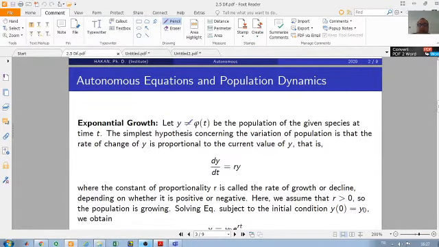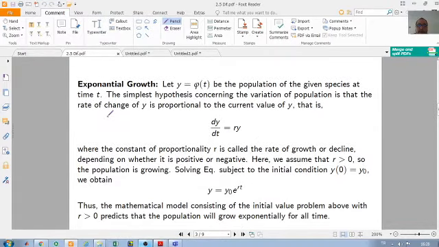Let y is equal to f of t be the population of the given species at time t. Here we will have a formula for determining the rate of growth of the population. The simplest hypothesis concerning the variation of population is that the rate of change of the variable y is proportional to the current value of y.